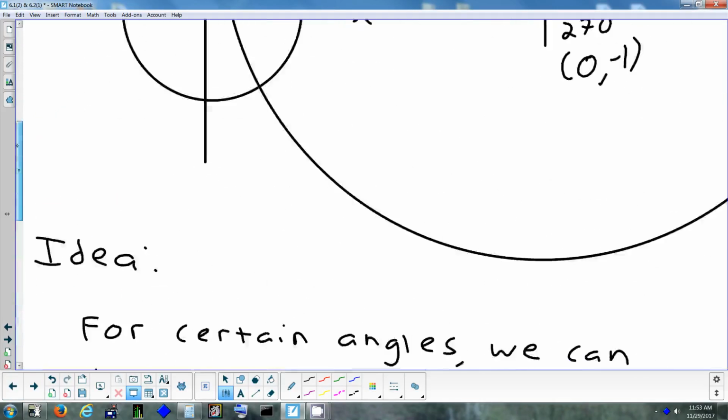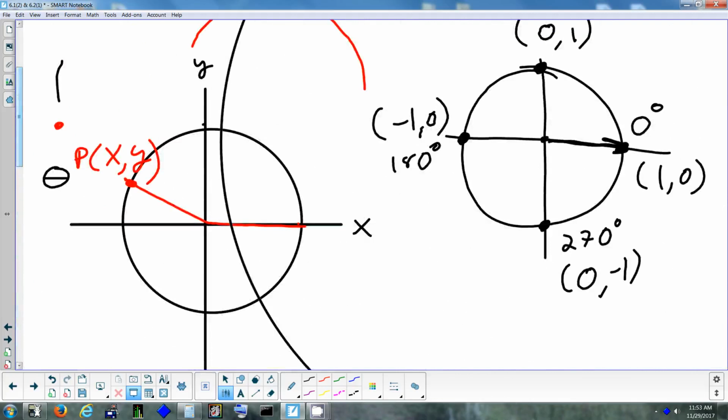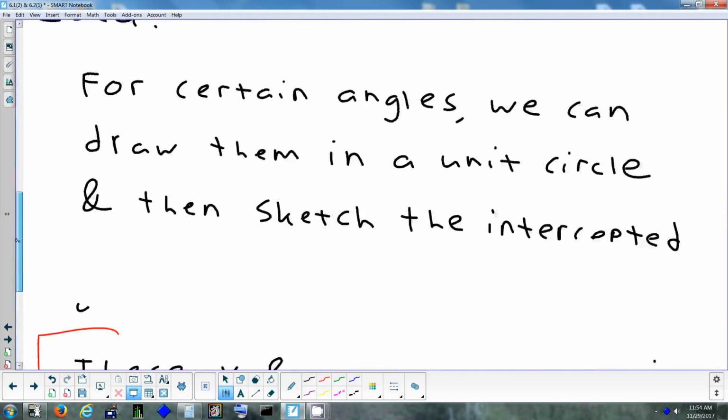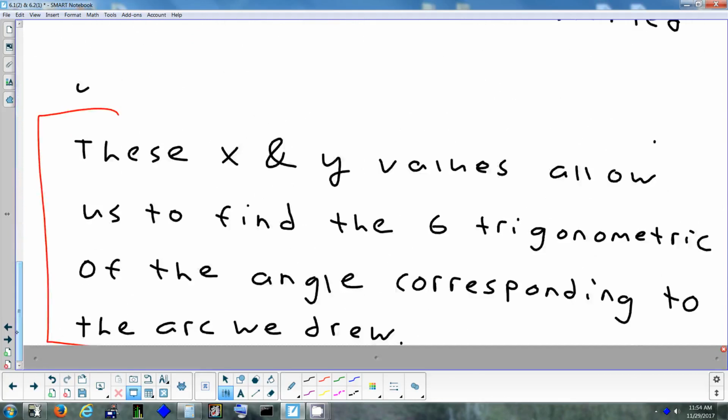Whatever the angle is, that would be a harder coordinate to find because it's not lined up nicely on an axis. So we're not going to do that yet. But that's what the coordinate allows you to do. It allows you to find one of the 6, or all of them if you want, the 6 trig functions of the angle that you drew.